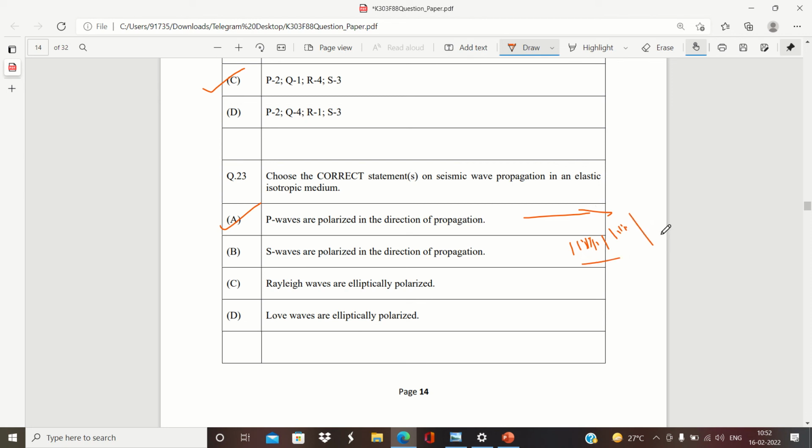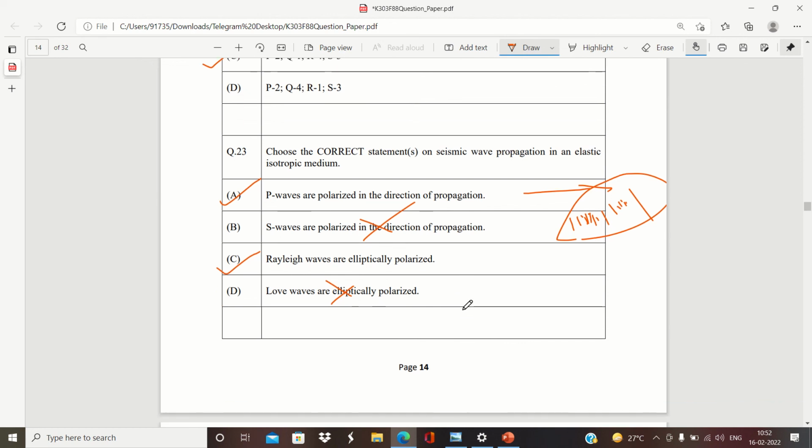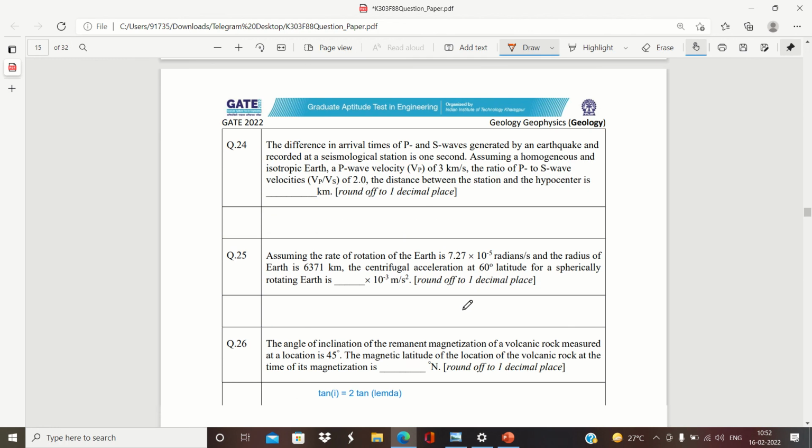I am unable to draw it exactly, but its polarization is in the direction of propagation, while S waves' direction is perpendicular to the propagation. Rayleigh waves are elliptically polarized. Yes, this is true. Love waves are not elliptically, they are horizontally polarized. So here first and third are our correct options. This is also a multiple select type question.